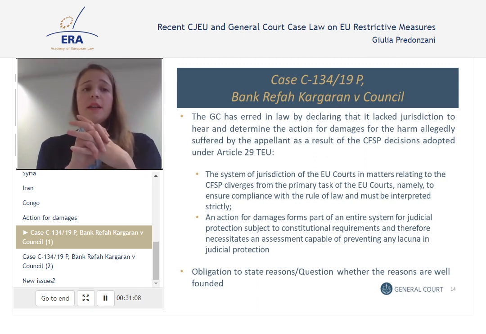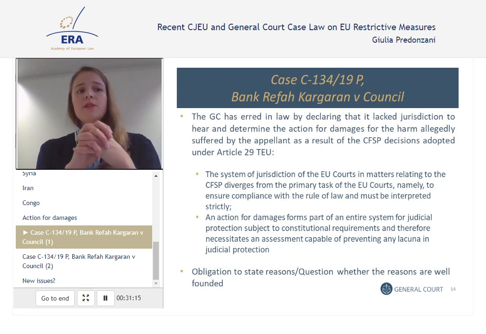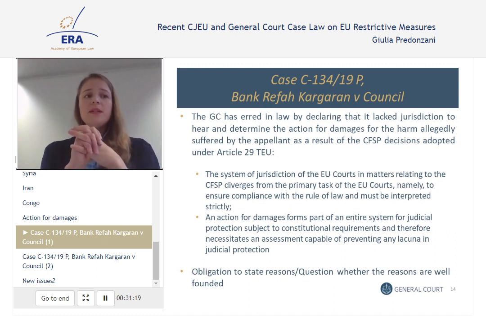But the court found that the General Court erred in law by declaring that it lacked jurisdiction to hear and determine that action insofar as the harm allegedly suffered by the appellant resulted from common foreign security policy decisions adopted under Article 29.